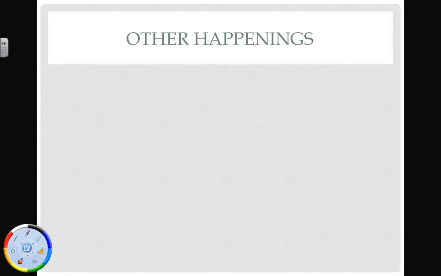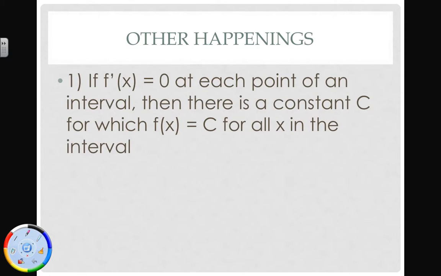So a couple other things that happen here is, again, this is kind of something we know, but they're putting it all together to help us into this next chapter. And the first thing here is if the derivative is 0, then we know that the original function was a constant function.